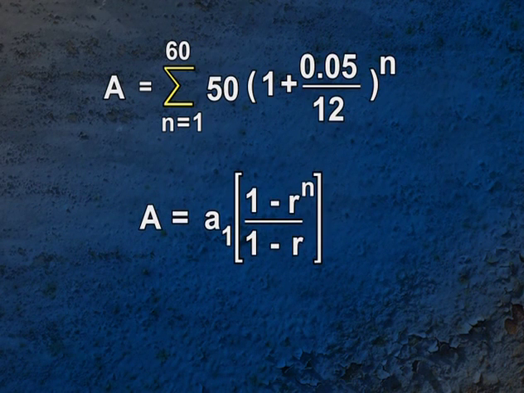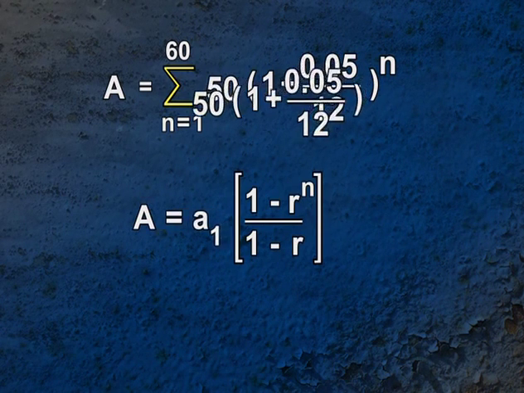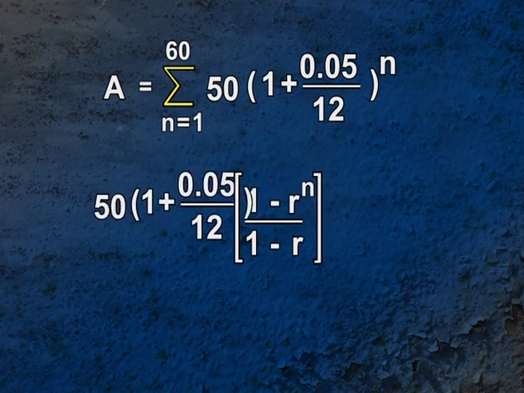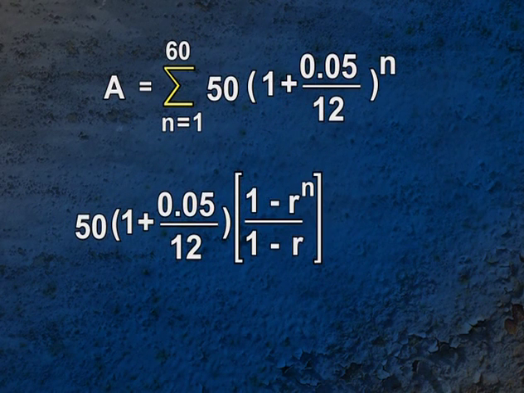Our formula for figuring the sum in this situation is this. Now, a sub 1 is the first item in the sequence, and it is found by replacing n with 1. So a sub 1 then becomes simply 50 times 1 plus 5/100ths over 12.